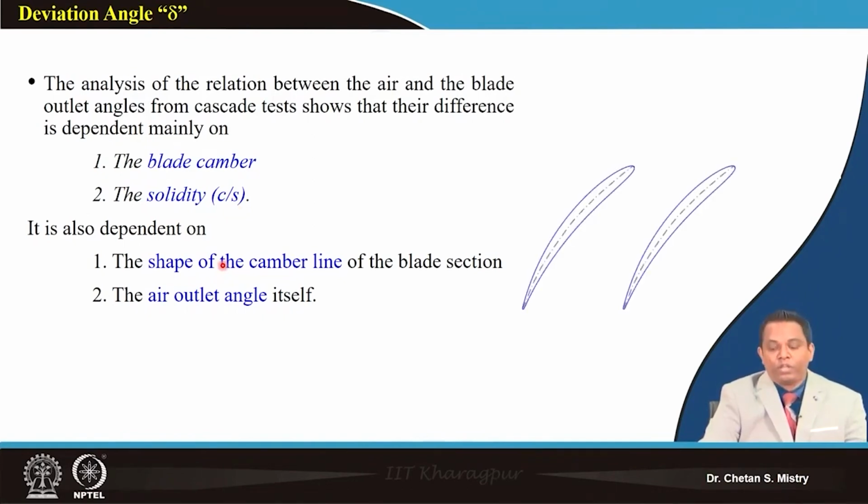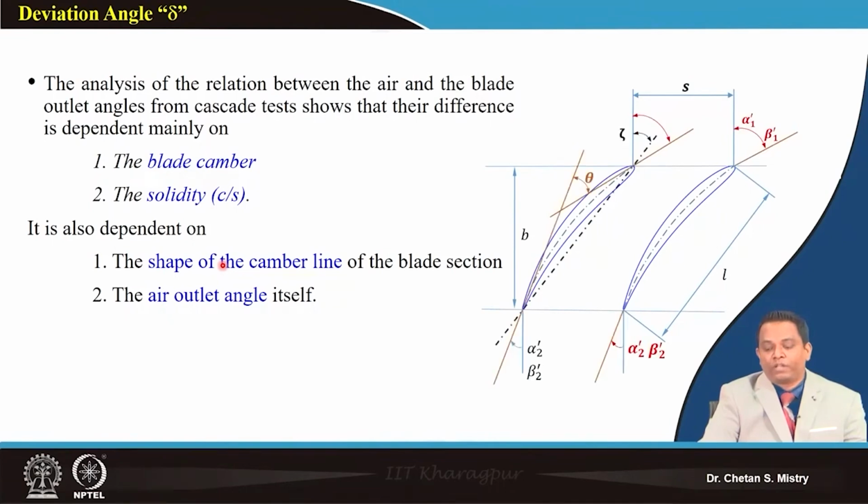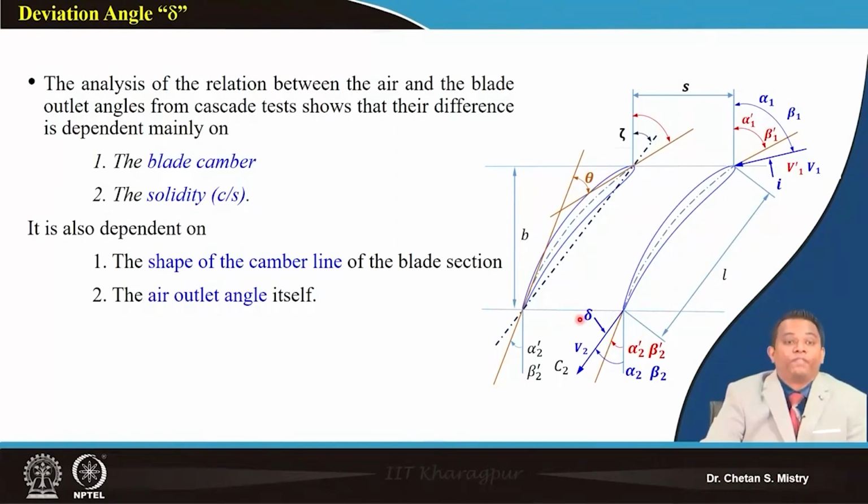Now, if you look carefully, suppose this is my deviation angle, and this is my camber angle. Suppose I have my camber angle to be large. This angle is increasing, and that will lead to my flow coming out at a different angle. Since we are working under adverse pressure gradient, we have realized that the larger the turning of my blade, the more chances for my flow to get separated on the suction surface.